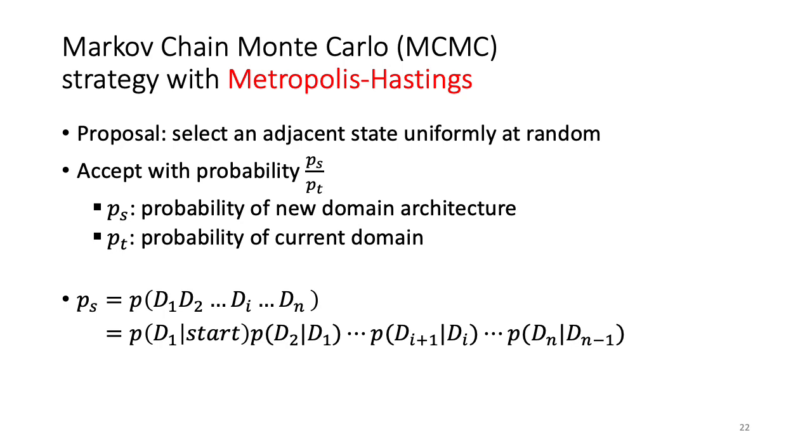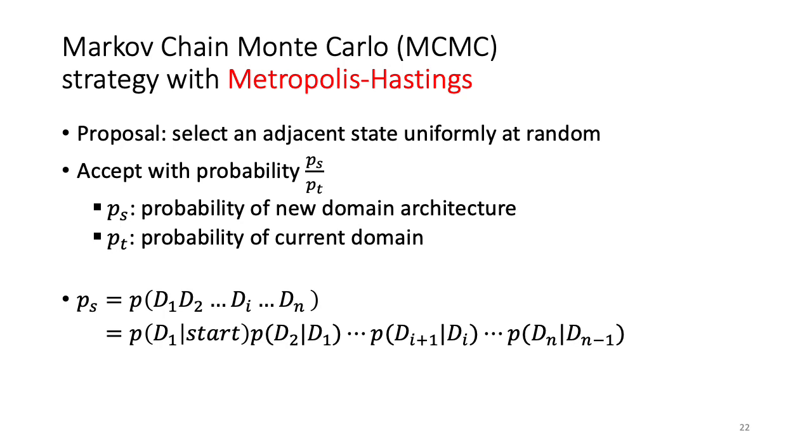To simulate evolution of domain architectures, we adapt the Metropolis-Hastings algorithm. At each time step, a new state is proposed by selecting an adjacent state uniformly at random. The probability of acceptance is determined by the ratio of the probabilities of the new domain architecture and the current domain architecture. Of course, we don't know the probability of a domain architecture, and we can only estimate it.